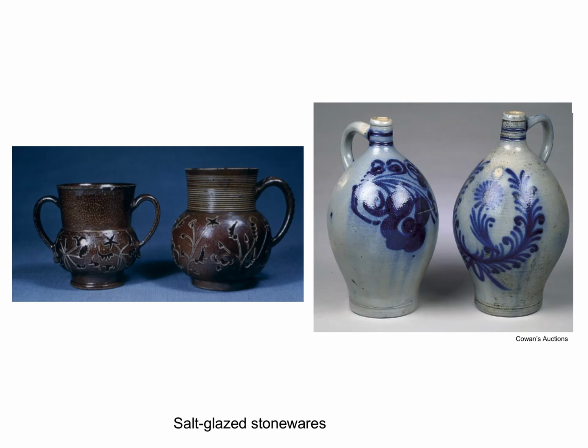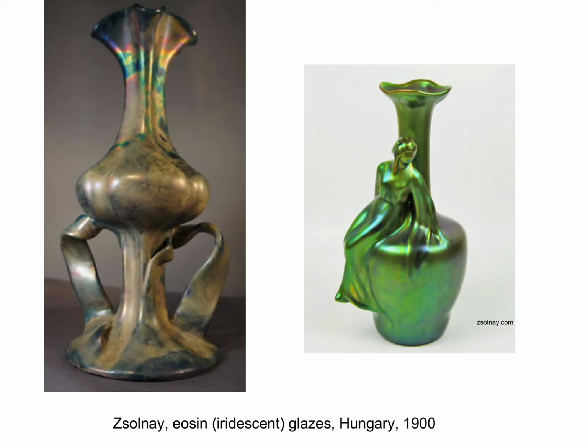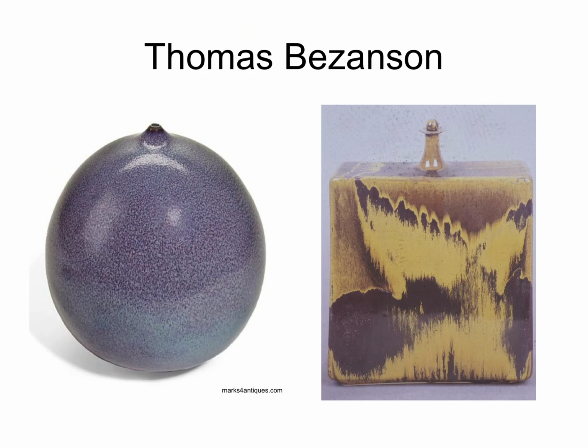Let's talk a little bit more about glazes. We've looked at glazes during the flux aesthetics presentation, but in that aesthetics we can again revive this approach to glazing through excess and extreme form of making, of which salt glazed stoneware could be a type, and also eosin or iridescent glazes made at Zsolnay in Hungary and in other parts as well.